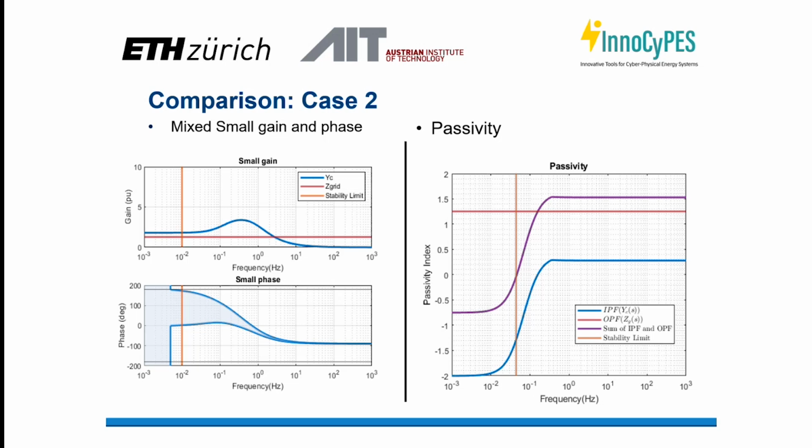So even with the same converter, with the same controller, but different linearization points, we see that neither the stability analysis using mixed gain and phase nor passivity analysis fulfills the full range of frequencies.